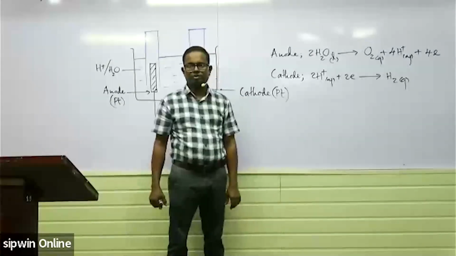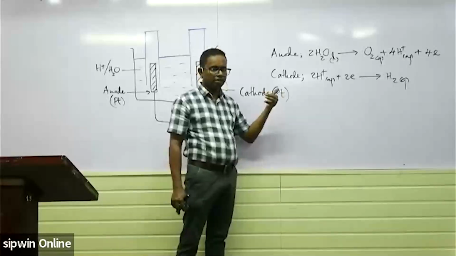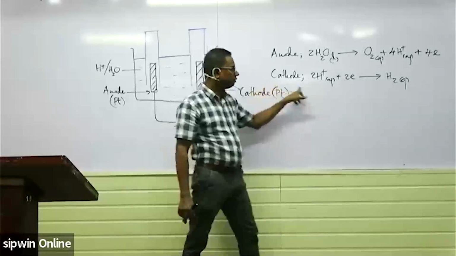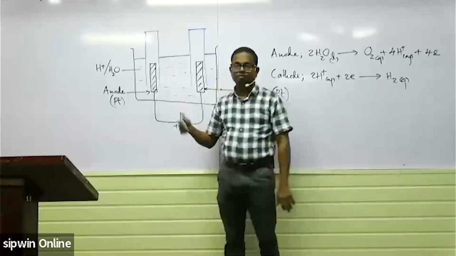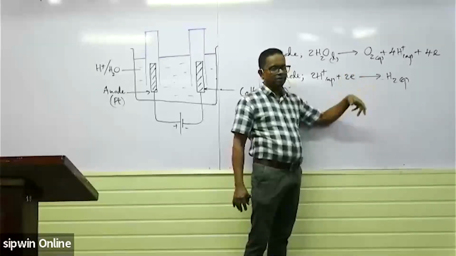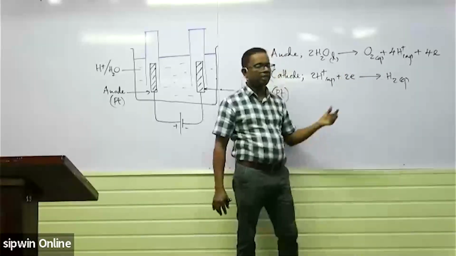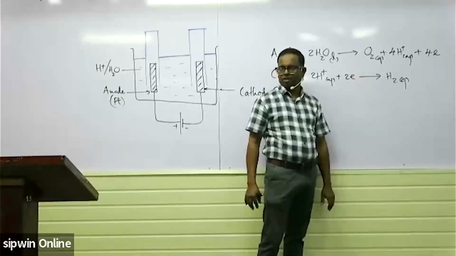32 grams. හරිද? O2. හරි නේද? Here, when I pass the 4 Faraday, with 2 Faraday, 1 mole of hydrogen. Faraday දෙකයි නම් මවුල එකක් හම්බ වෙනවා. Faraday 4ක් නේ කිව්වේ මම. එහෙනම් මවුල දෙකක්.